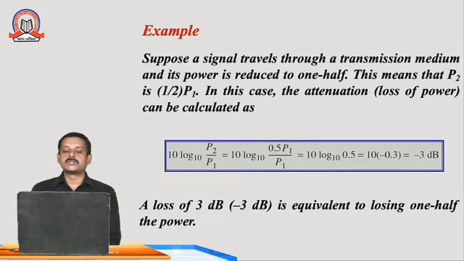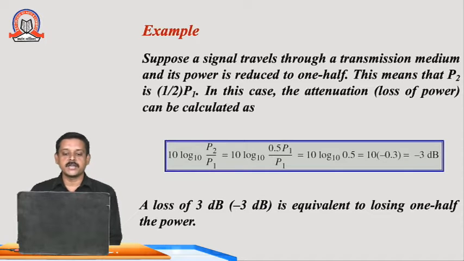Suppose a signal travels through a transmission medium and its power is reduced to 1/2. This means that P2 is 1/2 of P1. In this case, the attenuation, that is loss of power, can be calculated as 10 log base 10 P2 by P1, which is equal to 10 log 10 of 0.5 P1 divided by P1.